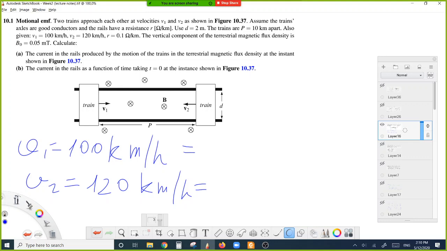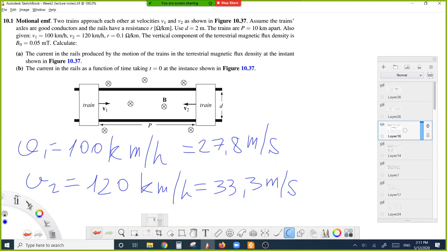100 kilometers per hour is equal to 27.8 meters per second, and 120 is 33.3 meters per second.